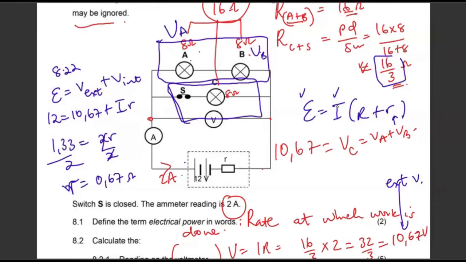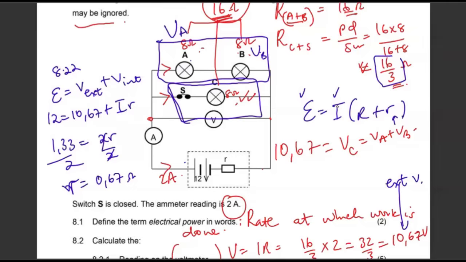Now, when you look at the current that is passing through the 8, it is not going to be the same current that is passing through these two, because this is going to be 16. Which means there's less current that is going to pass through the two bulbs, and more current passing through C. Now, how do we answer this?